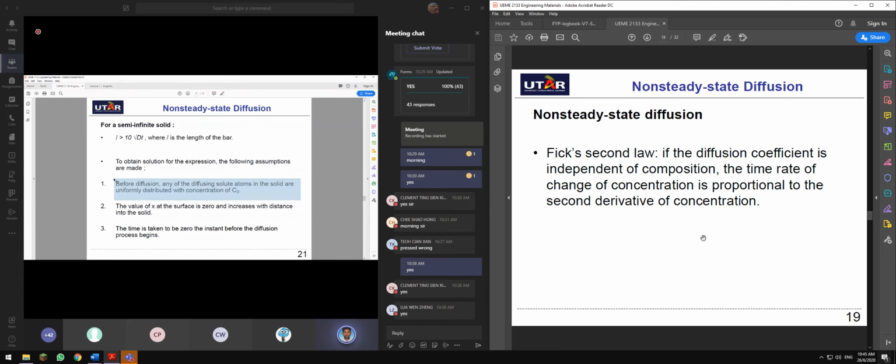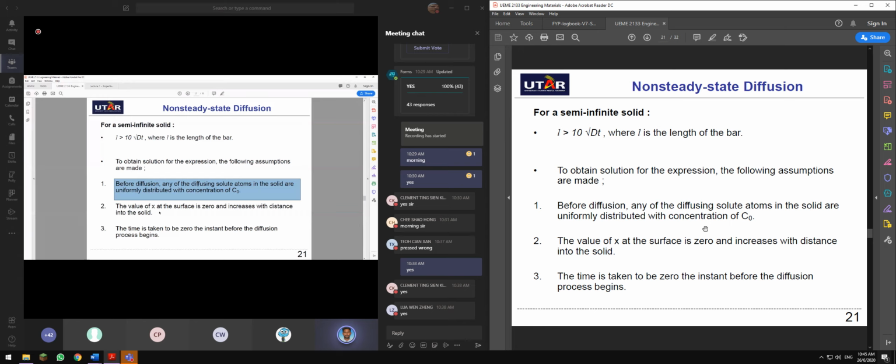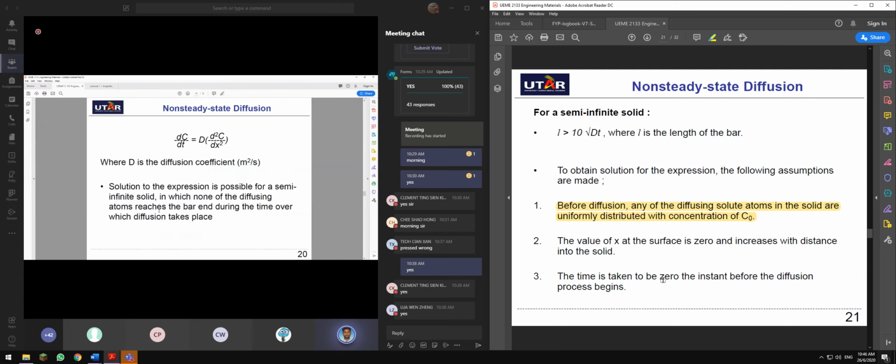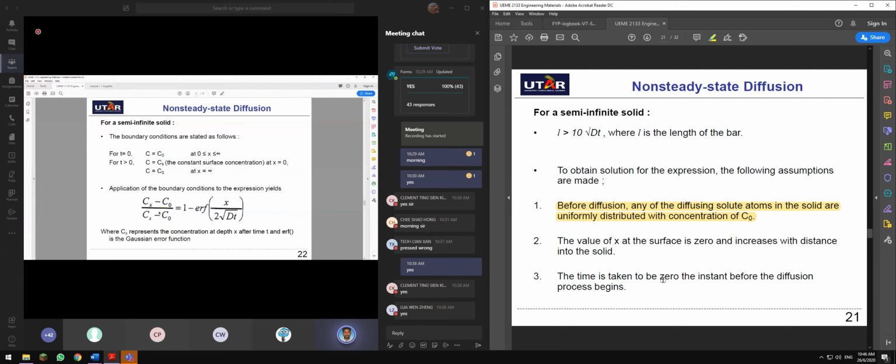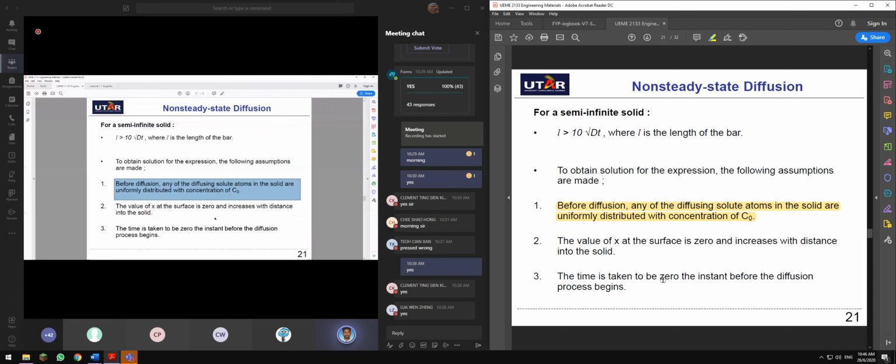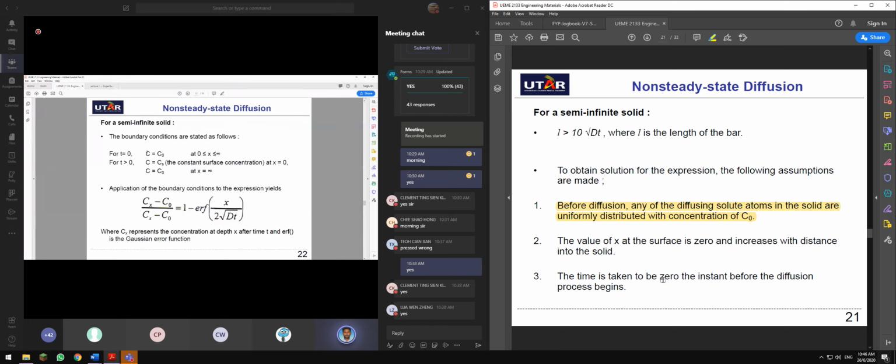Highlight this: before diffusion, the solute atoms that are going to diffuse in the solid are uniformly distributed with concentration C0.